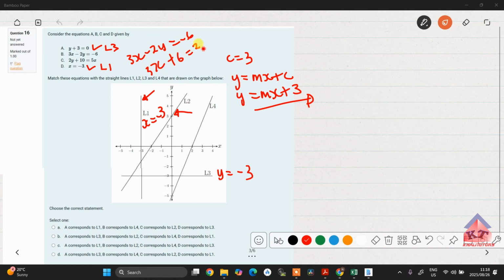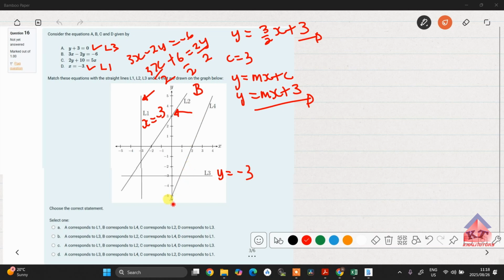Then we divide throughout by 2. This gives us y equals 3 over 2 x plus 6 divided by 2, that is 3. As you can see, the value of c in this equation is 3. So it means that L2 corresponds to B.